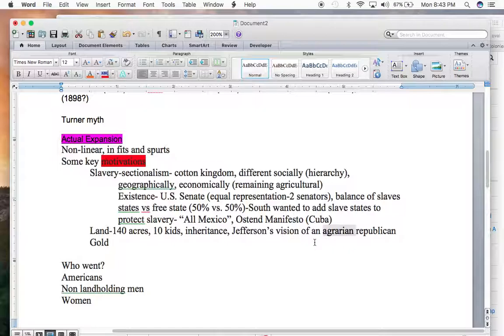Jefferson hated cities, and he hated businessmen, and he hated northern factories. He thought they were polluted, that there was pollution. That wasn't his big one. Lack of equality.